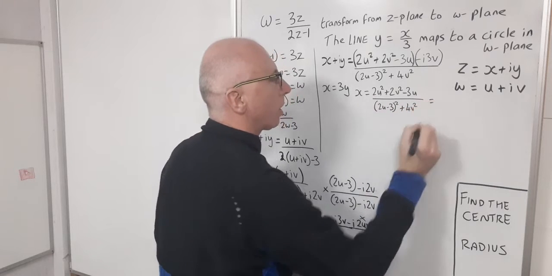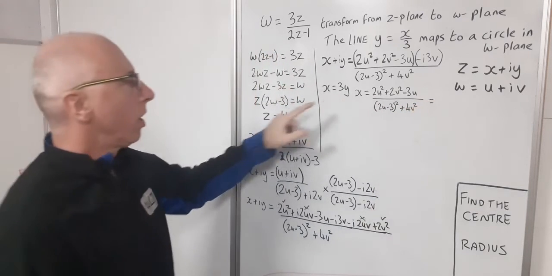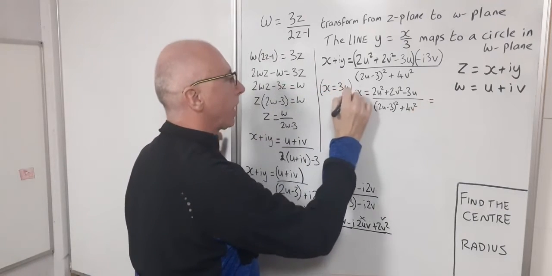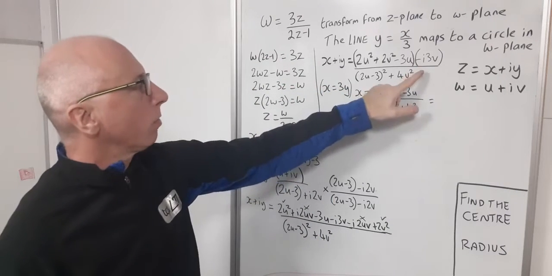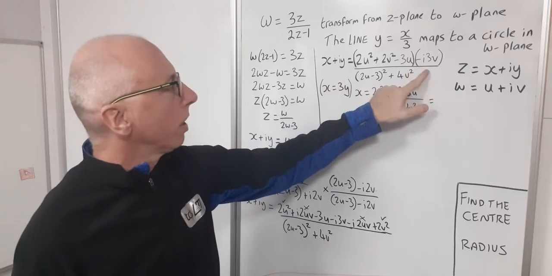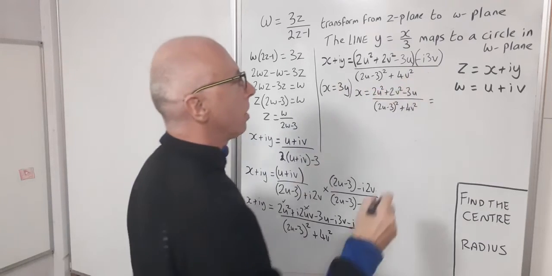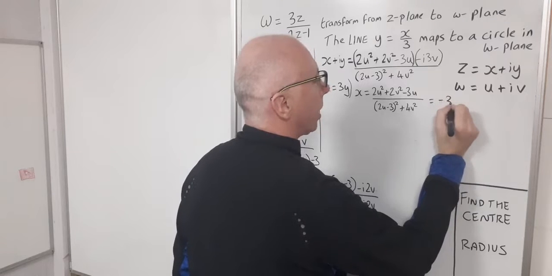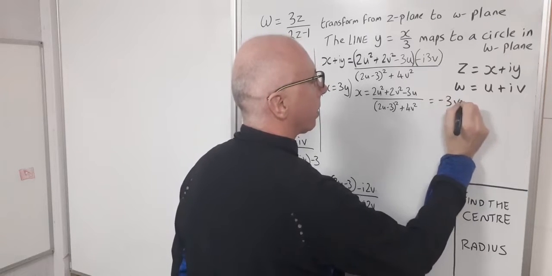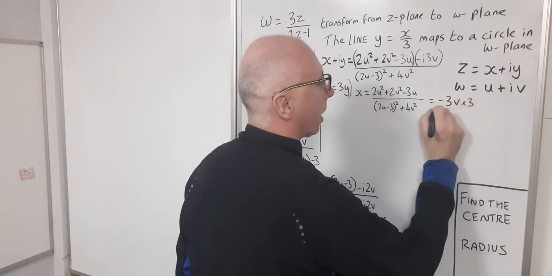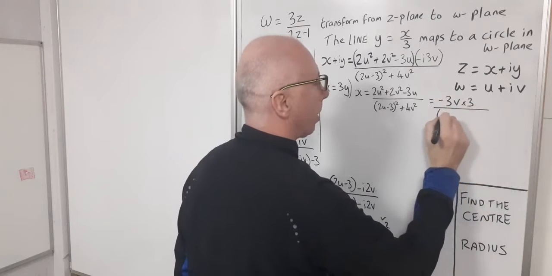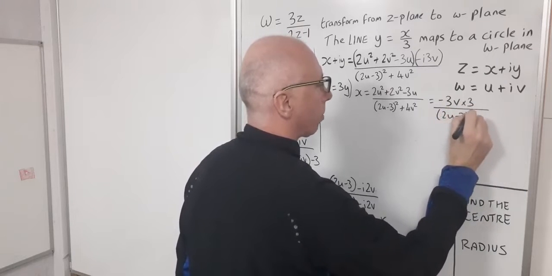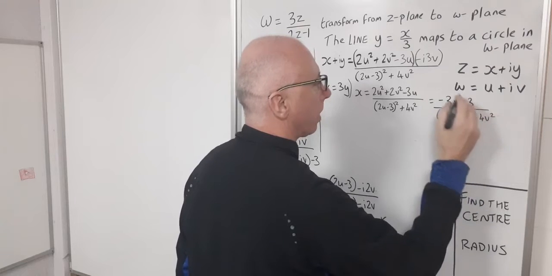And then that should equal 3y. So if I just put a bracket in there, 3y. Well, my y is my complex part, so it should equal 3 of those. So that should equal minus 3v times 3, so that should give me minus 9v. And then I keep my denominator, (2u minus 3) squared plus 4v squared.